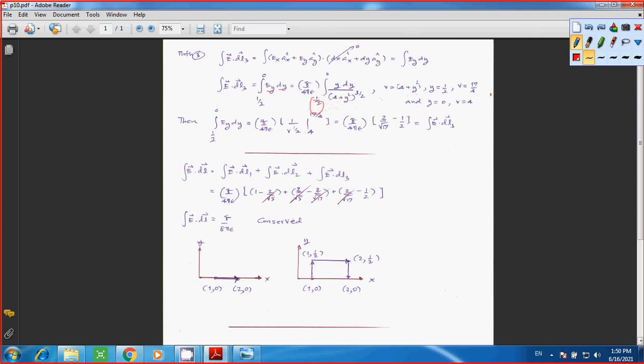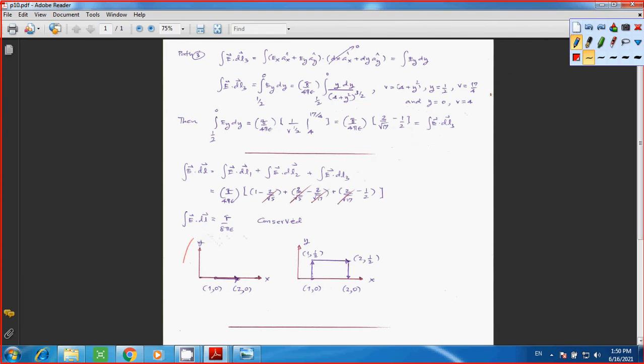For the lower limit y equal to 1 over 2, that gives you a lower limit of integration of 17 over 4. And for the upper limit y equal to 0, this gives you v equal to 4. And I end up with the line integration of path number 3 equal to q over 4 pi epsilon multiplied by 2 over square root 17 minus 1 over 2.